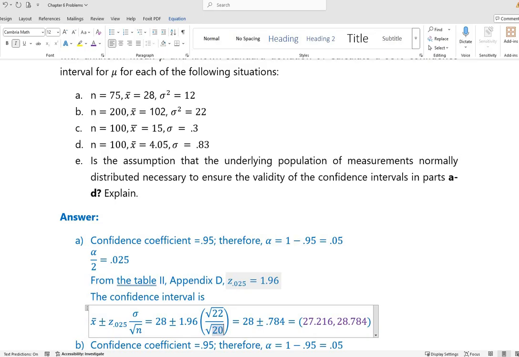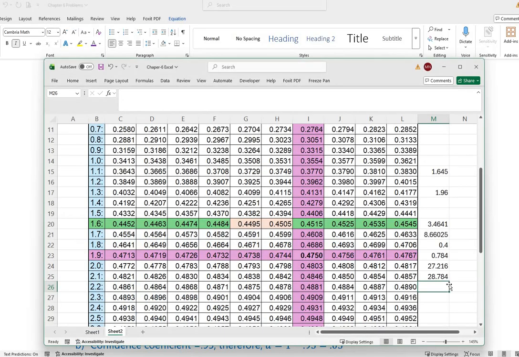And n is given as 200. So what is the square root of 22 divided by the square root of 200? This number multiplied by 1.96.